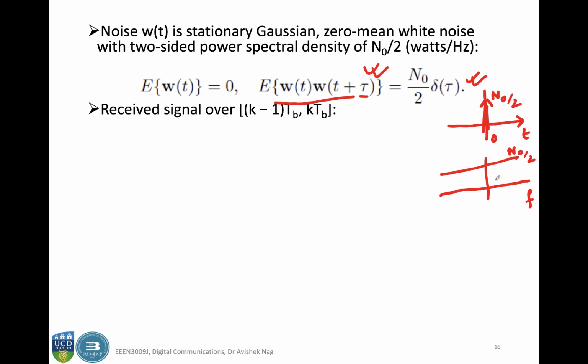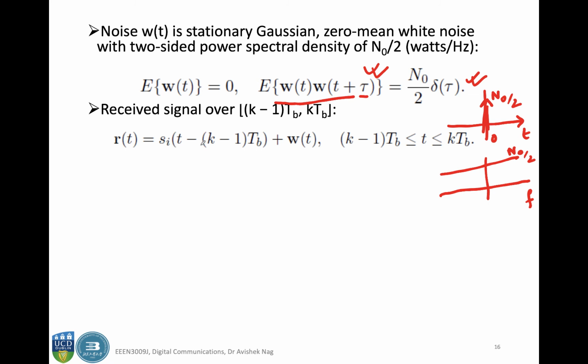If you imagine the received signal over the time interval (k minus 1)Tb to kTb, then you can define the received signal in this way, where you have the input signal Si(t), where i can be 1 or 2 in case of binary communication systems.